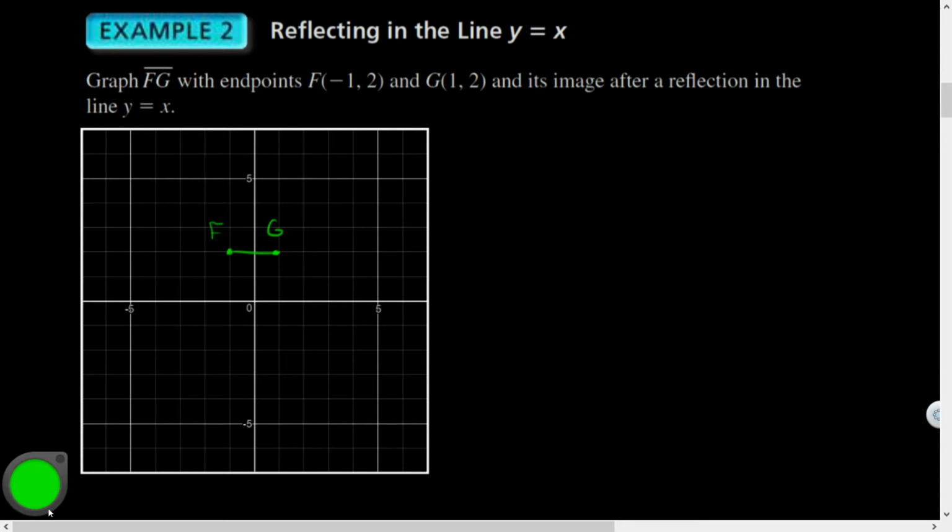They told me to make it a segment. I figure I could. What do you guys know about the line y equals x? What does that mean? What if I think about that in terms of y equals mx plus b?